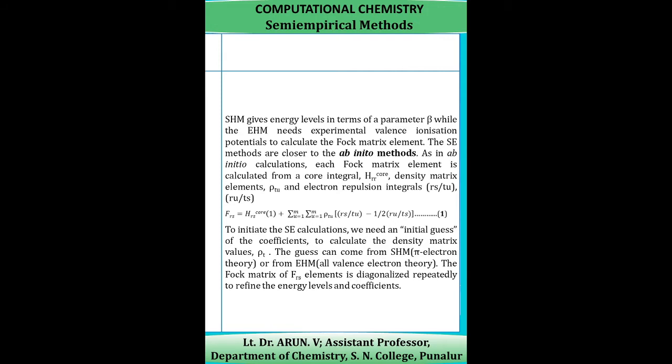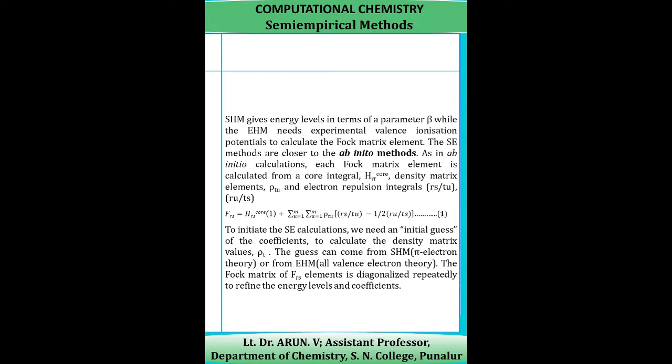SHM, that is the simple Huckel molecular orbital method, gives energy levels in terms of the parameter beta, whereas the extended Huckel method needs an experimental valence ionization potential to calculate the Fock matrix elements. The semi-empirical methods are much closer to the ab initio methods.